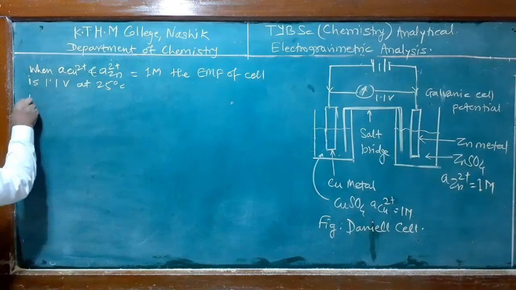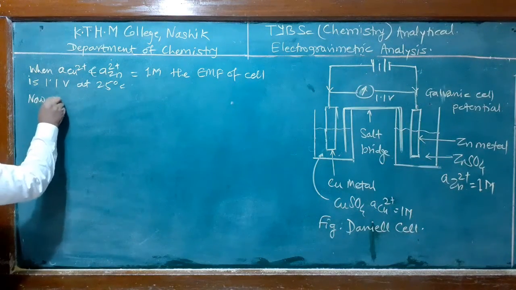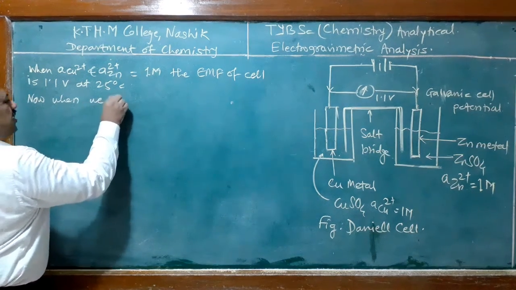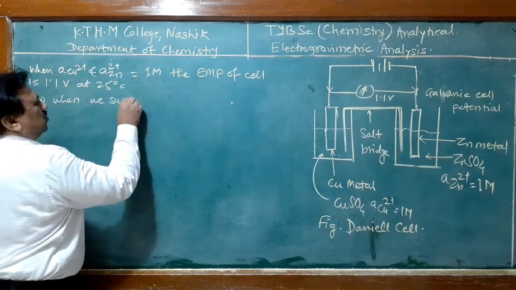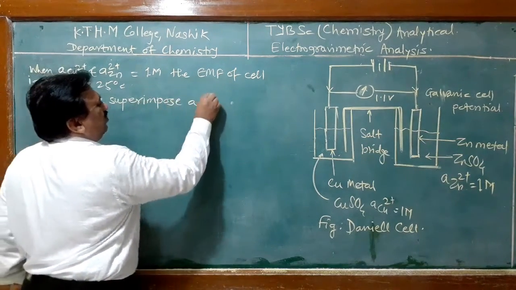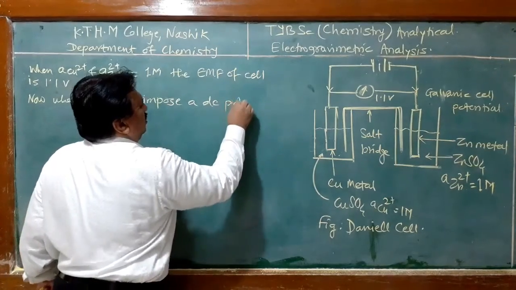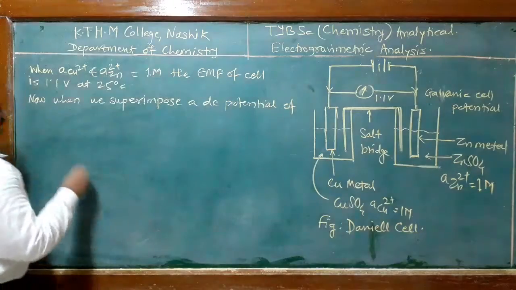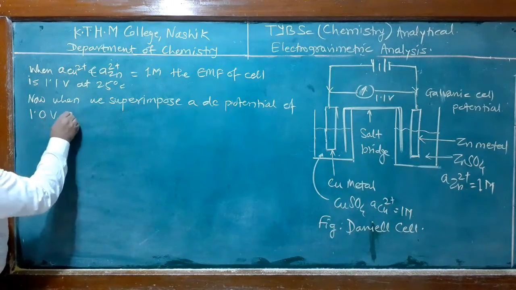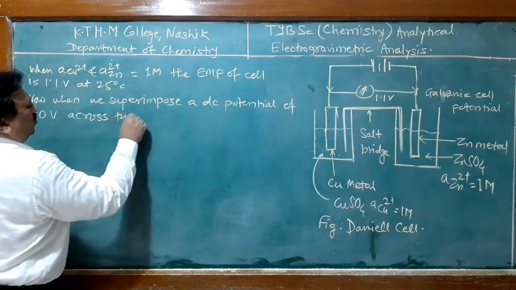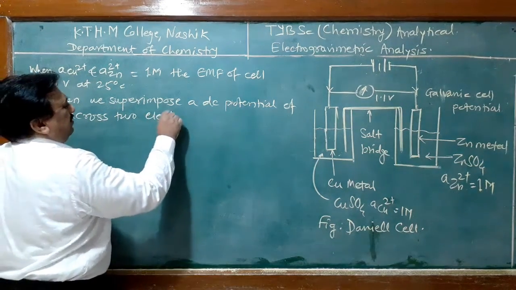Now, when we superimpose a DC potential of 1 volt across these two electrodes, then what happens?